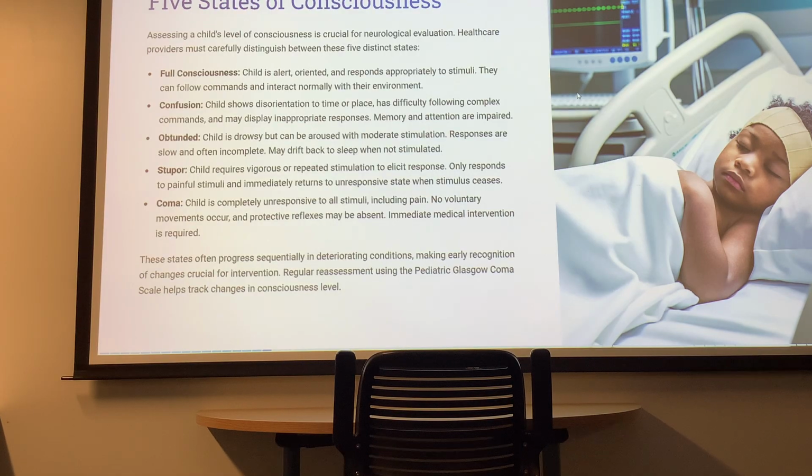School age children and adolescents should be able to tell you what time it is. Obviously our infants aren't going to be able to tell you where they are or what time it is. I mean, a kindergartner probably not either, because they're just starting to work on time. But they should be able to tell you where they're at.